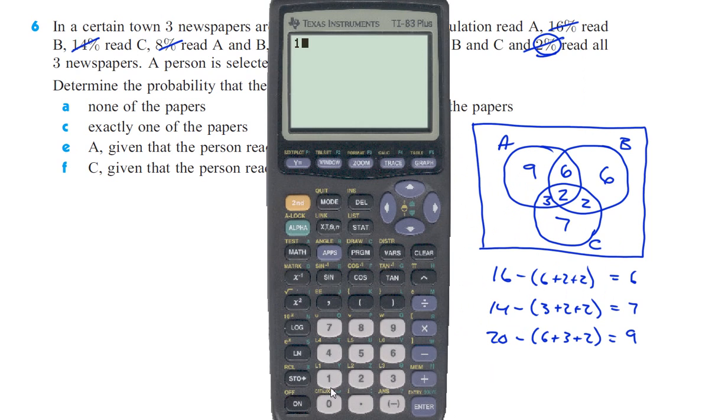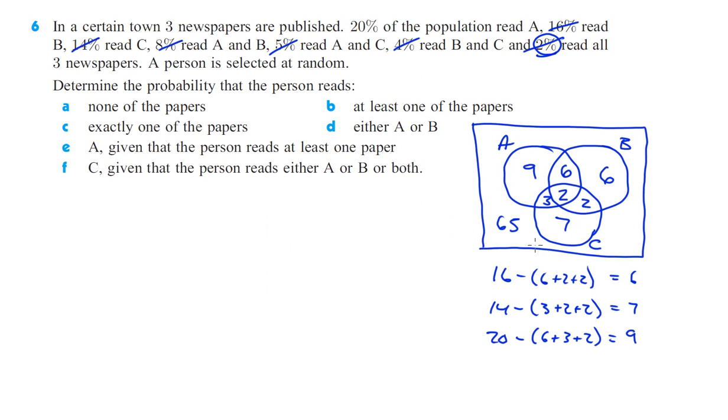So let's do 100 minus all these numbers. 9 minus 6, minus 6, minus 3, minus 2, minus 2, minus 7. I believe that's all of them. 65% don't read a newspaper. What's wrong with these people? Let's double check. 9 plus 6 is 15, plus 6 is 21, 22, 23, 24, 25, plus another 10 is 35. Yep, 65 people don't read a newspaper at all.